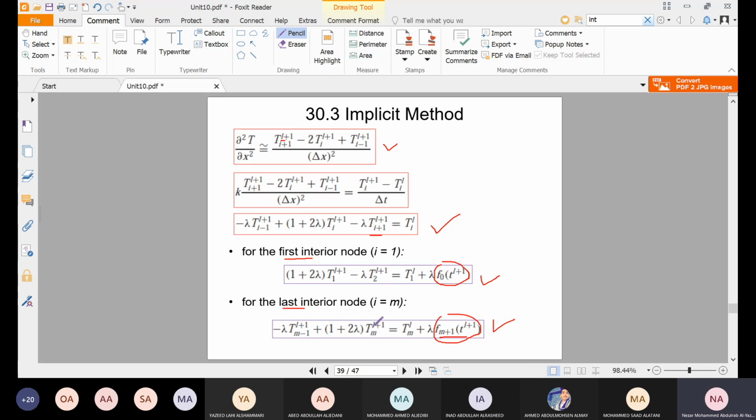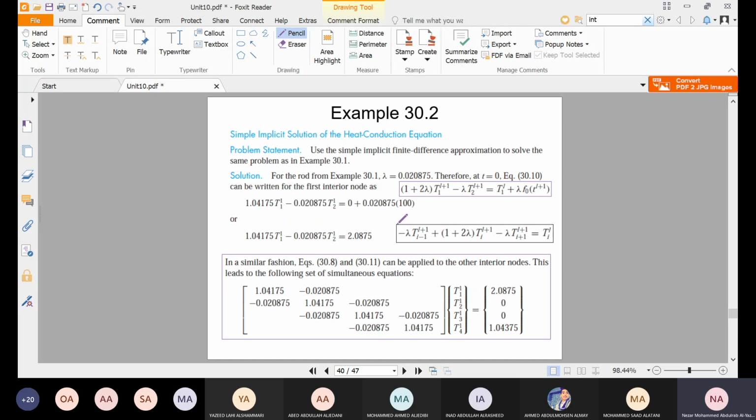Okay, Shabab, so this is the equation for the last node, and this is the equation for the first node. After that, we need to compute the temperature at the other nodes by using this format. The same criteria that we use, we just substitute here. So this is the first node, how we can compute the first node.